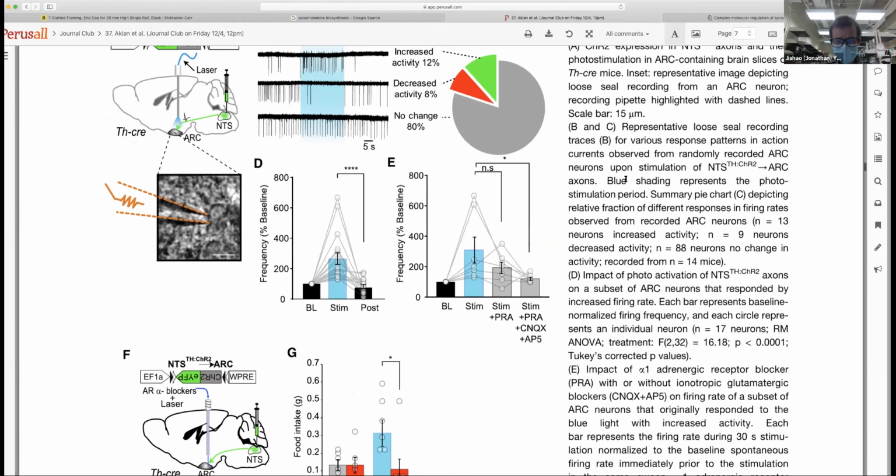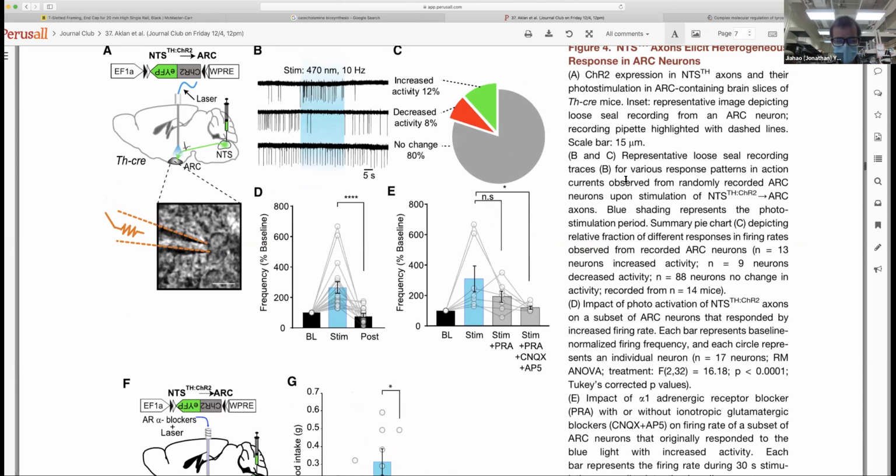Anyway, it quantifies the effects of blue light stimulation. We focus on the difference between the blue bar versus the black bar, left and right. So basically stimulation works, increasing the frequency, and in D and E, I think it's percentage of baseline. Baseline, yeah, so the blue bar here should be 100%. So that's okay.